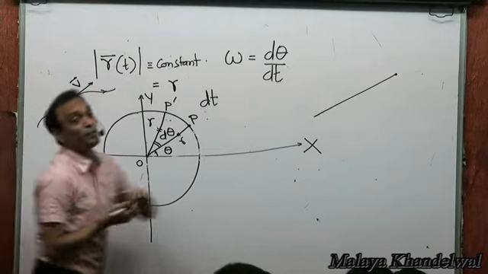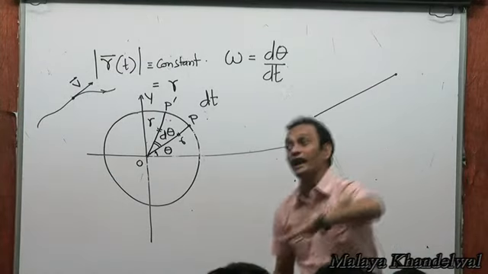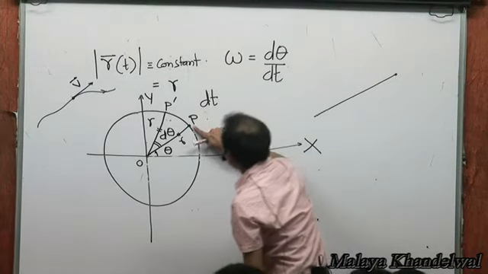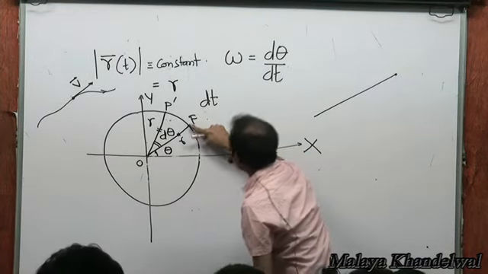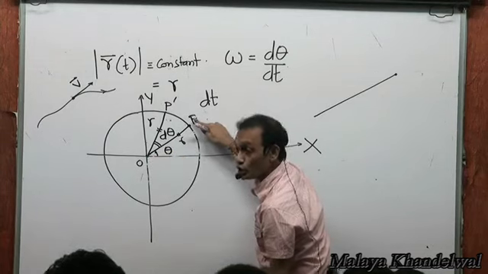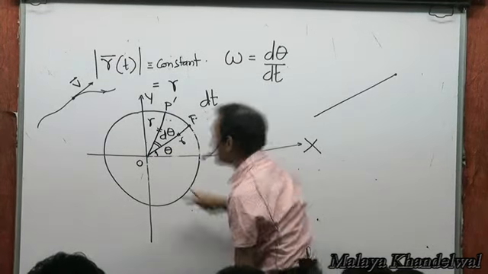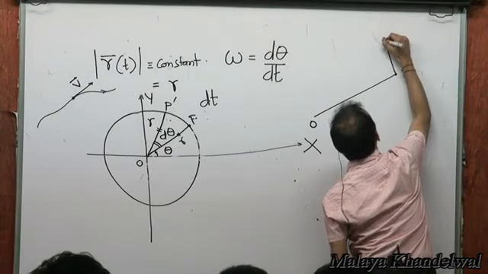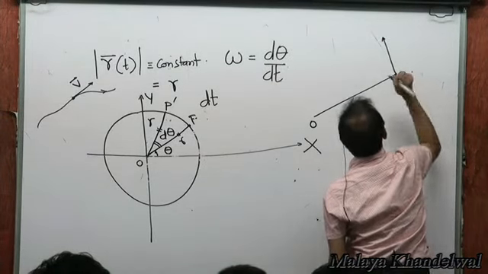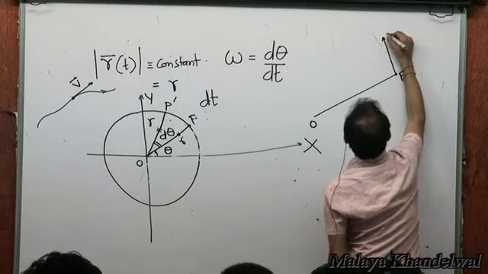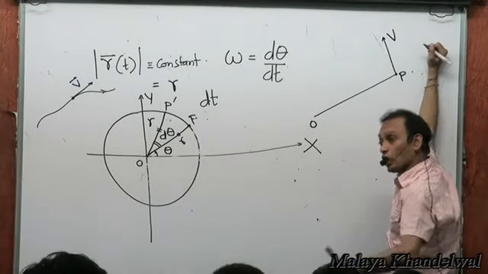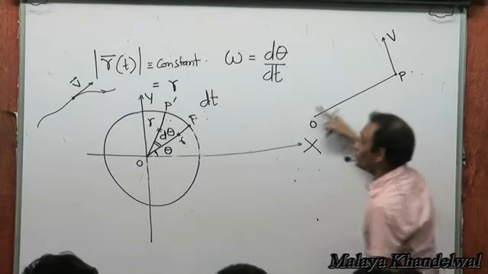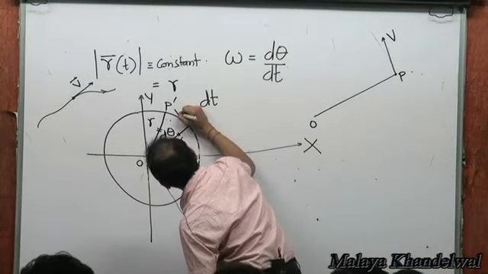So the velocity at P would be along the tangent to the circle at P, but the tangent to the circle at P would be perpendicular to the radius r. So if this is O, which is a fixed point, and this is P, the tangent, the linear velocity of the particle will always be along the tangent to the trajectory.